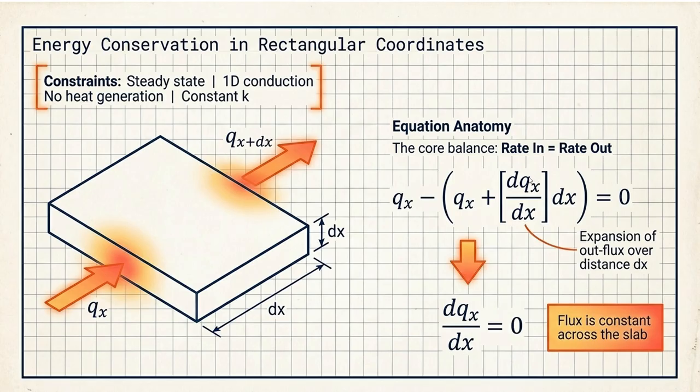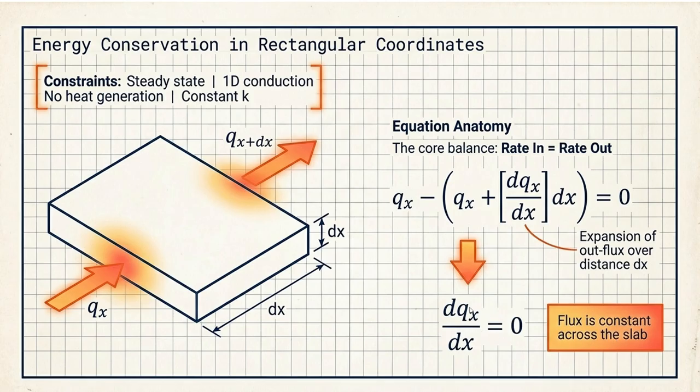So that is the expression for that, and on simplification this will get cancelled out. So dqx by dx equals 0 would be the final expression we get. Since this is equal to 0, hence we can say that the flux qx is constant, as differentiation of a constant term is 0. Thus flux is constant across the slab. That's what is written over here.